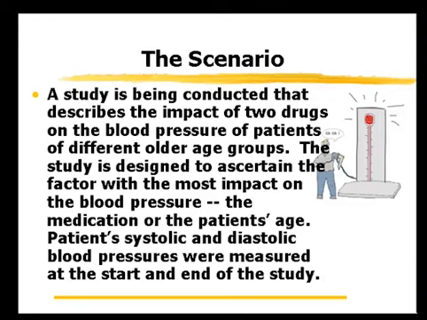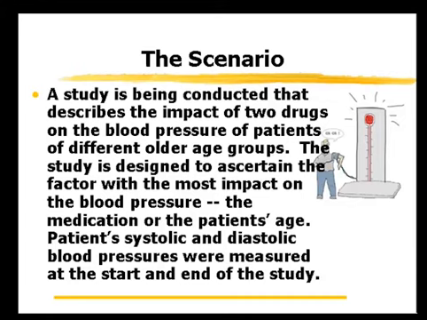So the analysis of variance is appropriate because within the older age group we have more than two groups. So analysis of variance would be important. Again, the blood pressure has a numeric or continuous level of measurement.